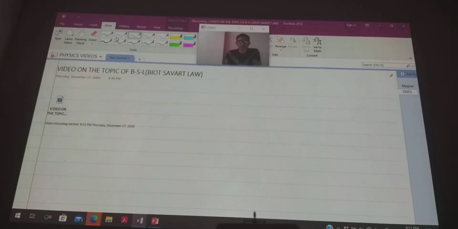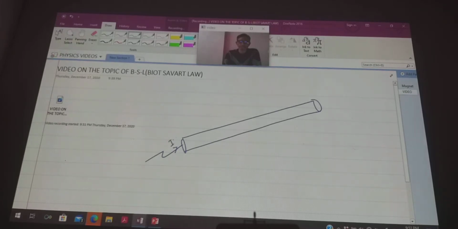Suppose current is flowing through the conductor, like this is the conductor. Current is nothing but the flow of charges per unit time through the conductor.